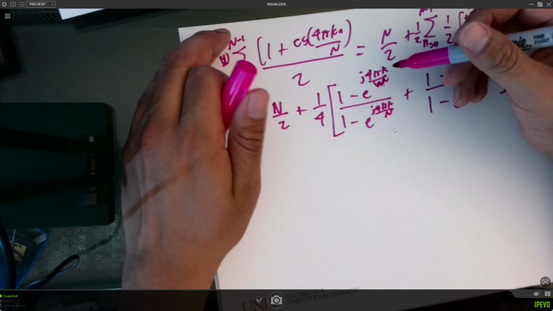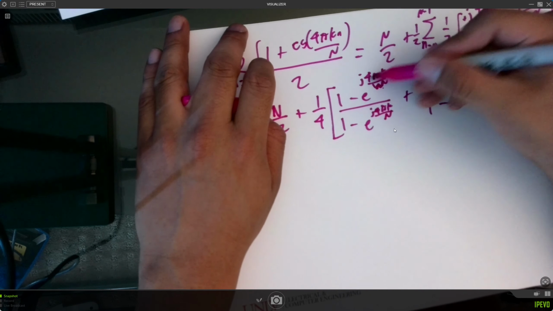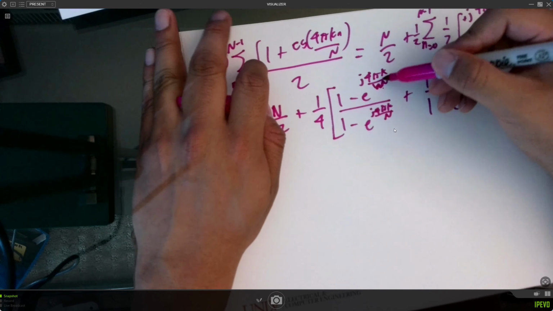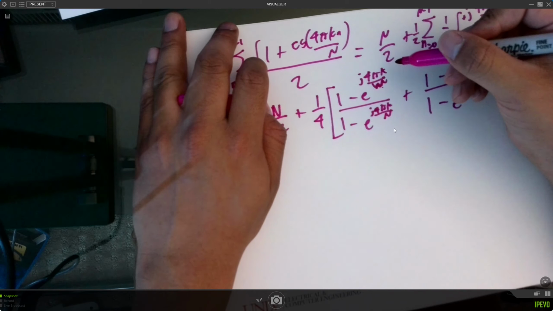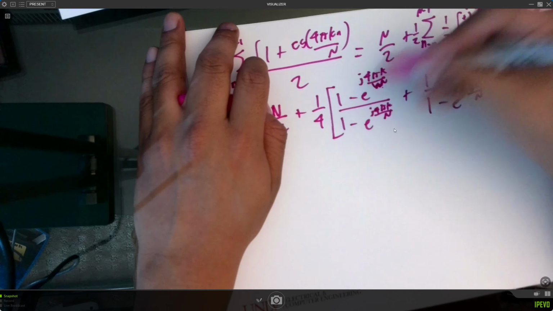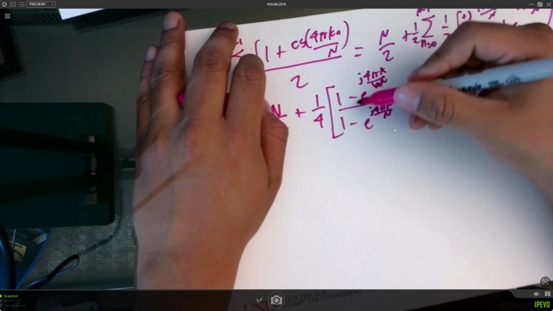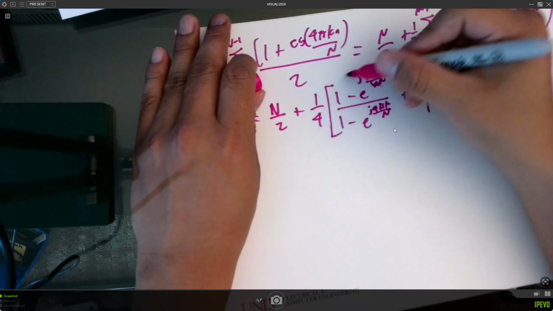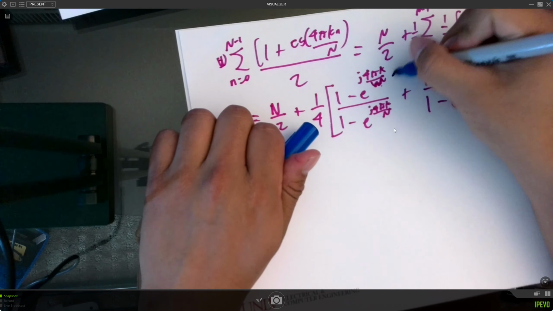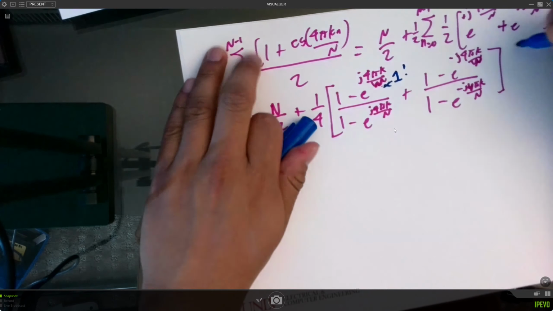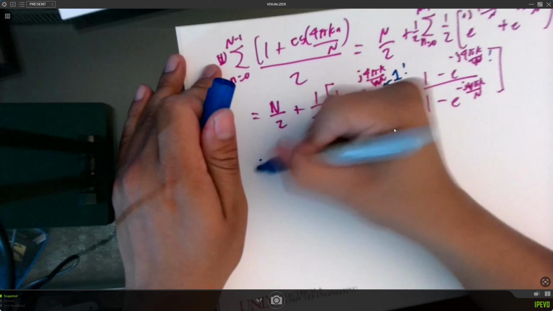But here's the thing I want to tell you. You see this value right here? This is 4 pi k. Every time k cycles, like 0, 1, 2, 3, e to the j 0 is 1, 1 minus 1 is 0, e to the j 2 pi is 1, etc. So that means this value is always going to be 1, therefore this is always going to be 1, and then always going to be 1 here too, same thing.